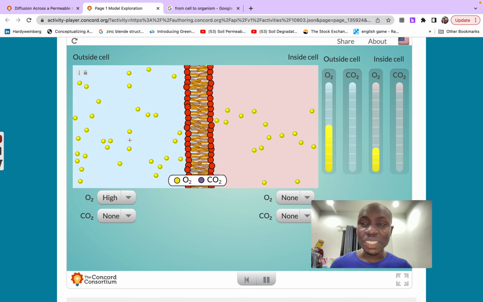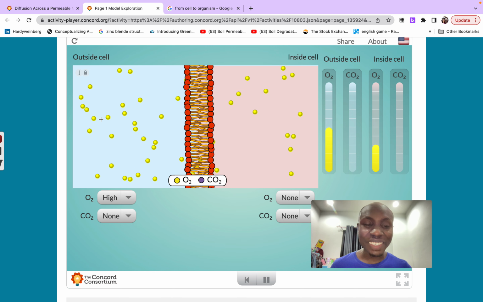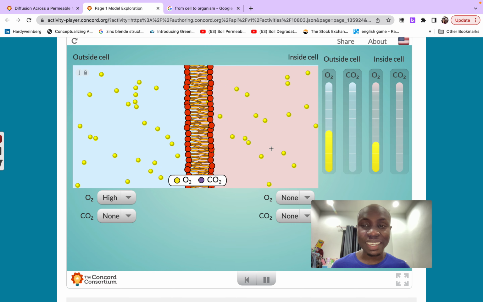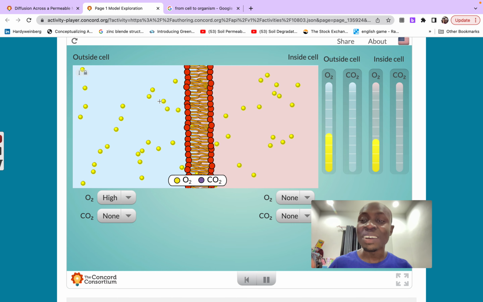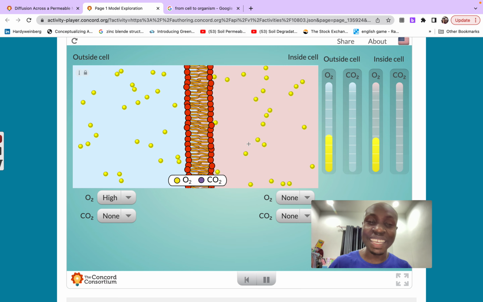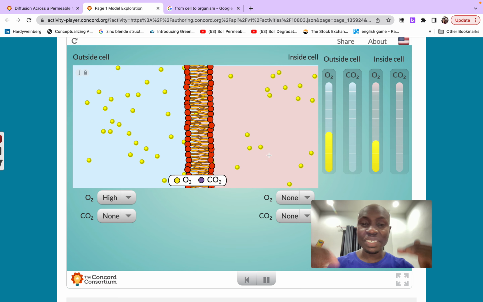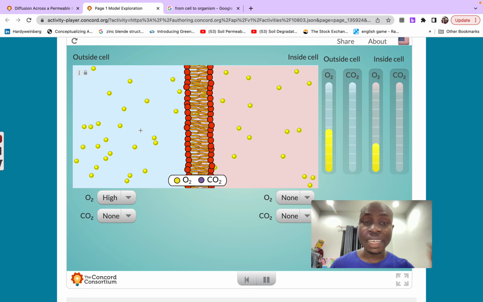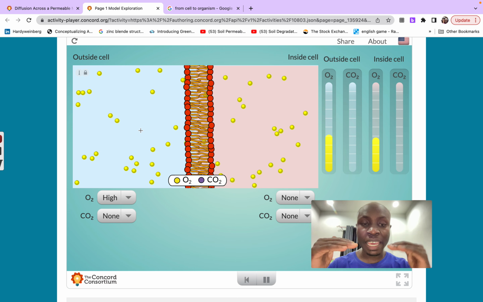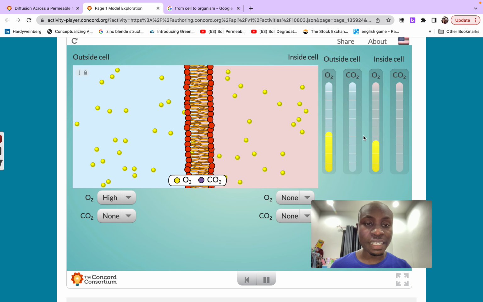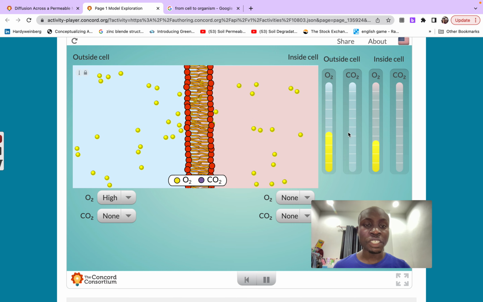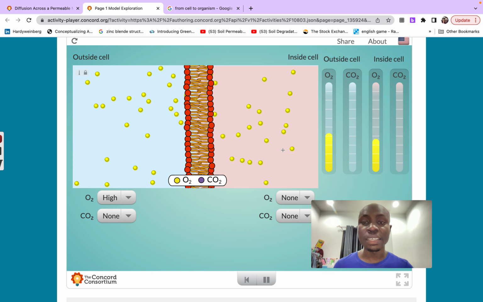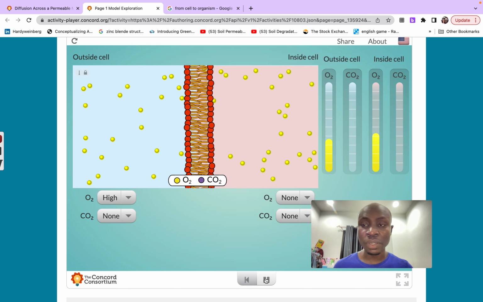The oxygen molecules move from high concentration area to low concentration area, or from outside the cell to inside the cell. And after some time, the oxygen molecules outside and inside the cell will be the same level, as you can see in this picture. This is diffusion.